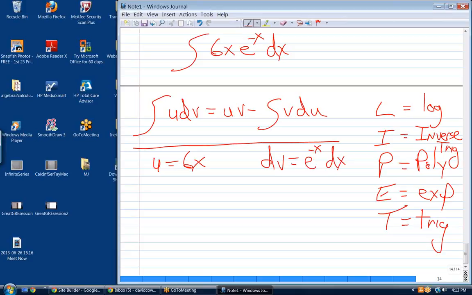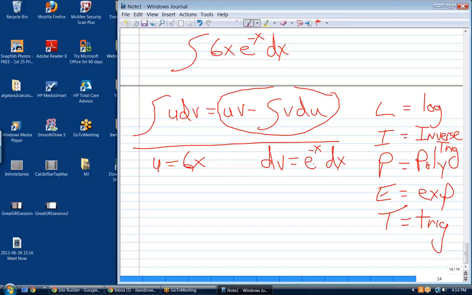This is where calculus starts becoming kind of confusing, because this is a lot different than substitution. We're letting u equal something, and then we're letting dv equal something that has another differential in it also. And the reason we do is notice that to solve for this, I need u, I need v, and I need du.